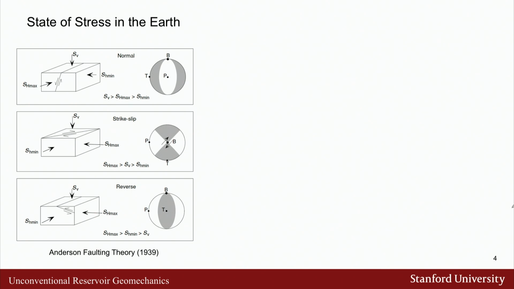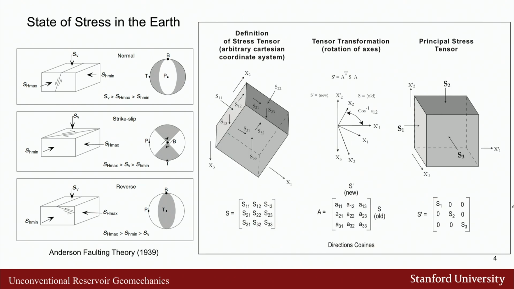It's good to back up a little bit and recognize the fact that stress is a tensor and has 9 components defined by the direction of traction on the edges of a cube, as shown on the left side of the diagram.